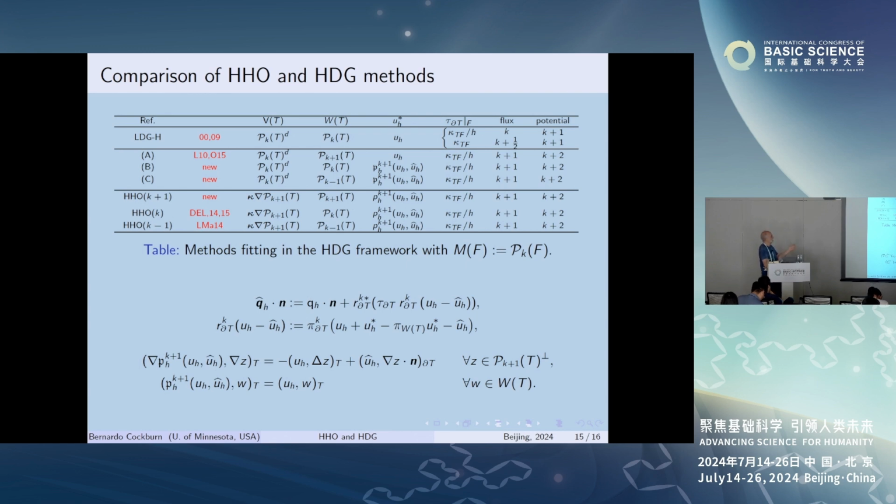And on the other hand, it allows us to incorporate into the HDG setting this special stabilization that gives more accuracy. It also allows us to produce new HDG methods and one new HHO method.